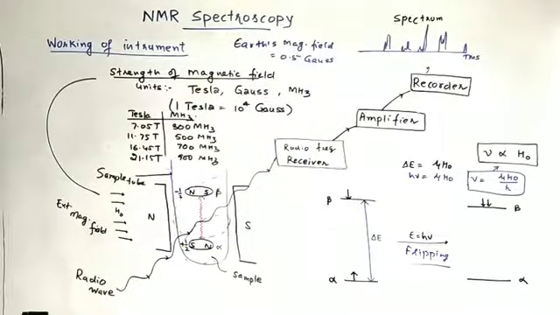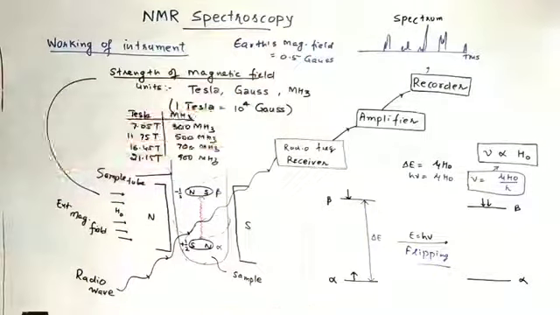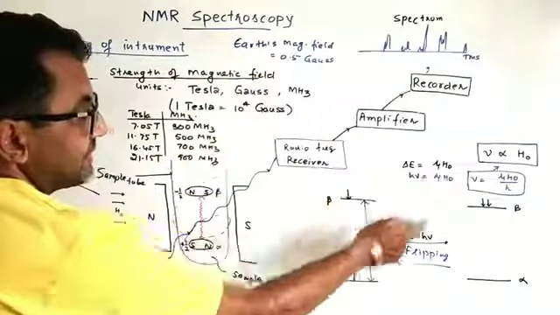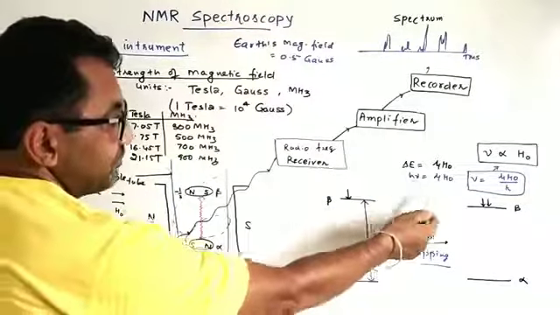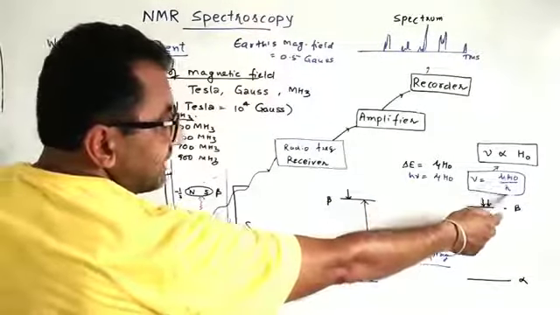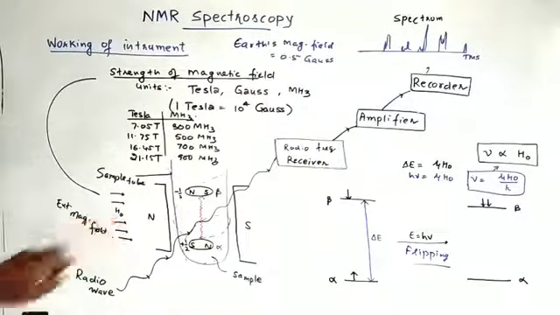As we can see, when we are using a strong magnetic field, the difference increases, and we require more frequency. You can see here delta E is equal to mu H naught, and delta E equals h nu, so nu becomes equal to mu H naught by h. So nu is directly proportional to H naught, your external magnetic field.